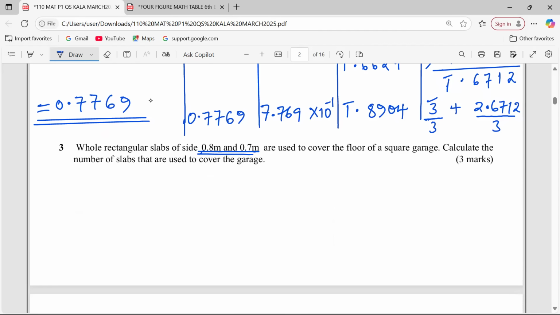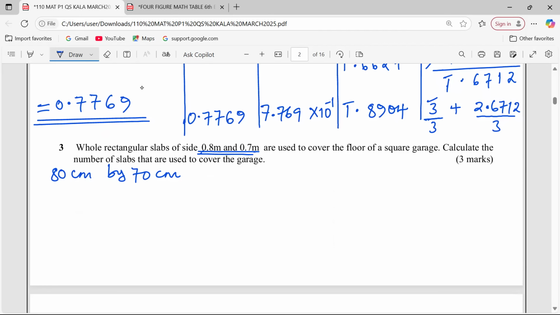Allow me to change these measurements from decimal points to whole numbers. We can do this by making them centimeters. So the slabs are measuring, to convert meters to centimeters, you have to multiply by 100. So this becomes 80 centimeters by 70 centimeters.